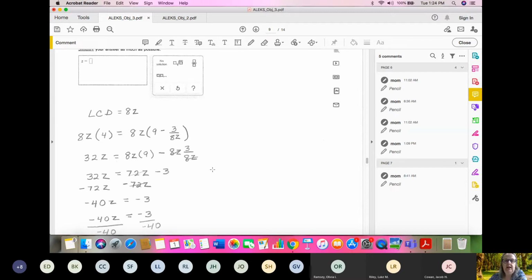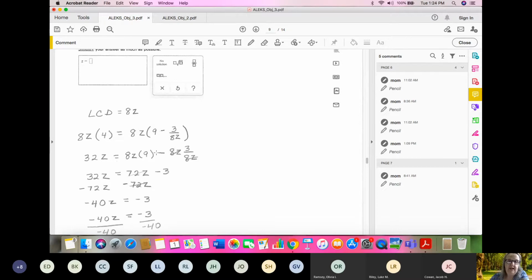So let's see how that 8z really helped us. 8 times 4 is 32 times z. Multiplication over adding a negative, so you can think of it as multiplication over addition. So we want to distribute. So 8z times 9 plus a negative, if you will.